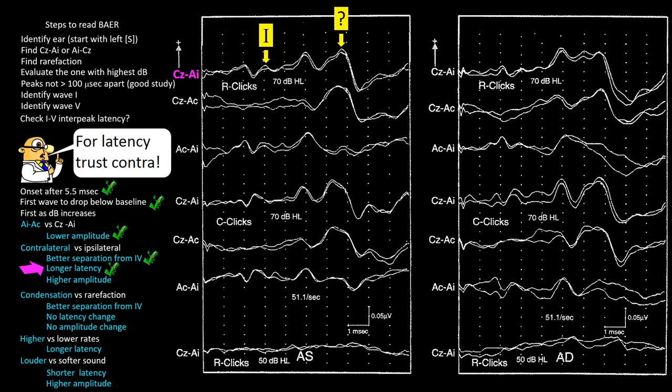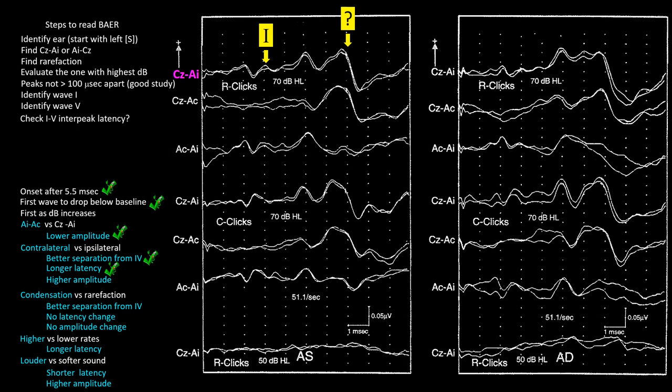The general rule is to trust the peak found in the contralateral derivation unless you feel very strongly about the peak of the ipsilateral being the one from the real wave 5 and that the peak of such wave has a longer latency than the peak of the wave elicited from the contralateral derivation. So in this case, the peak of the contralateral putative wave 5 will be used for future measurements.